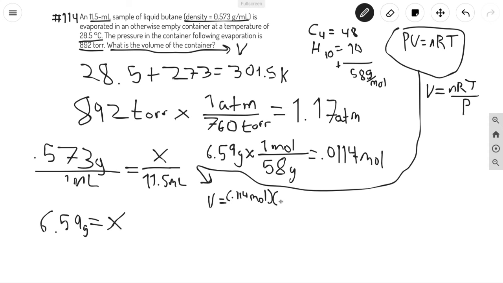R is a constant, and the value of it is 0.08206 liters times ATM divided by Kelvin times mole.